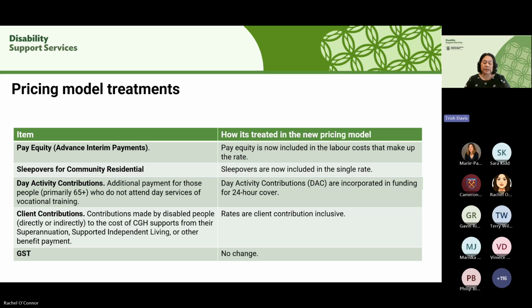Client contributions, so these have been different depending on what part of the country you're in. So these were paid either directly or indirectly. Now, under the new model, all of the rates are client contribution inclusive. GST, there is no change under the model.